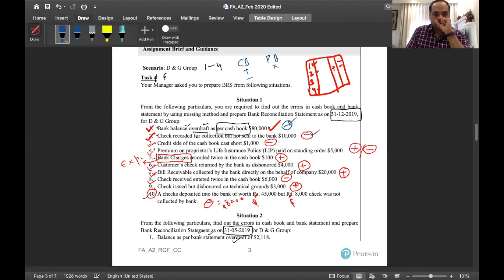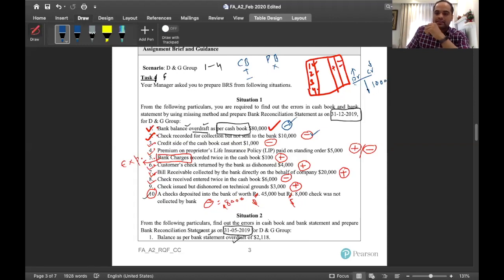That's right. Number 3, credit side of cash book short 1,000. Credit side means down, debit means up. So credit side of cash book cast short 1,000. So we need to add 1,000 because it is short by 1,000. If you write down here short of 1,000, it means it's reduced.